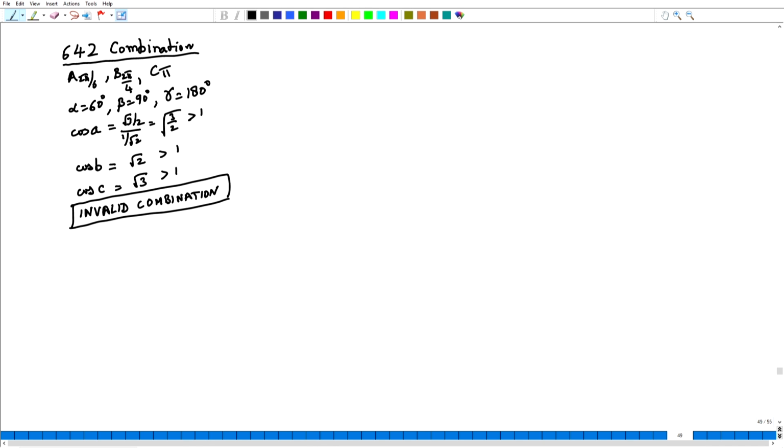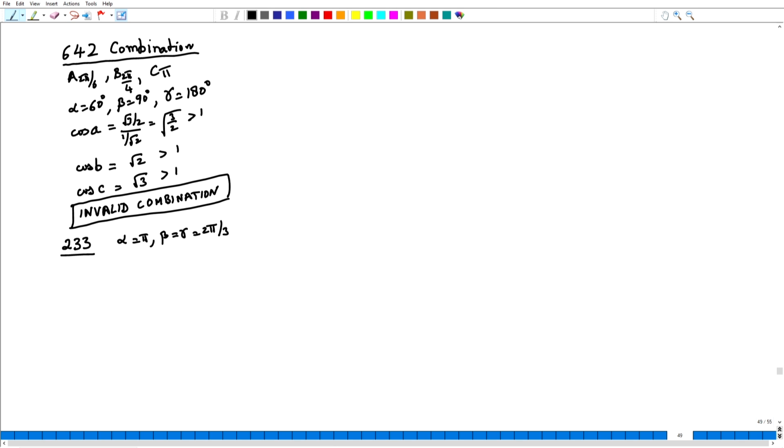Now, let us consider a couple more combinations. Let us consider 2, 3, 3. So, in this case alpha equals pi, beta equals gamma equals 2 pi by 3.